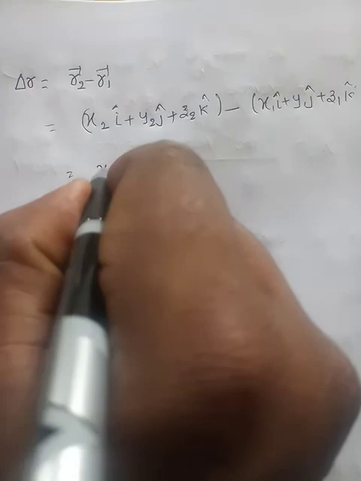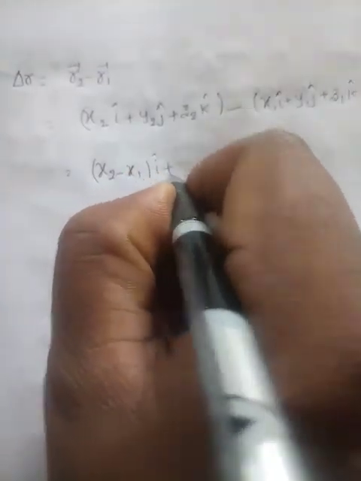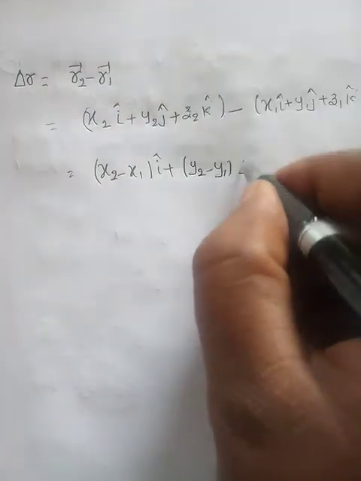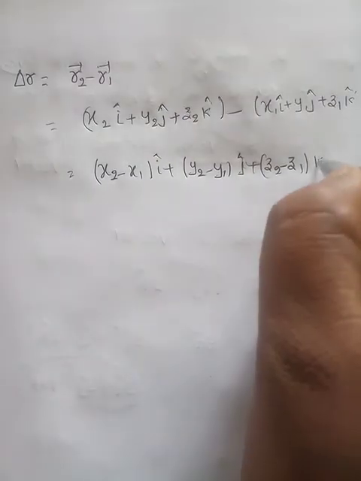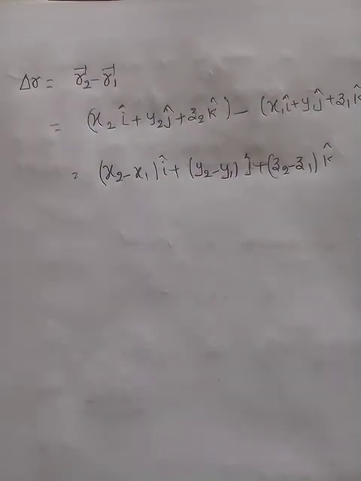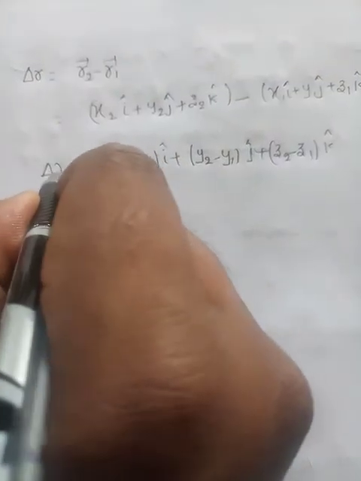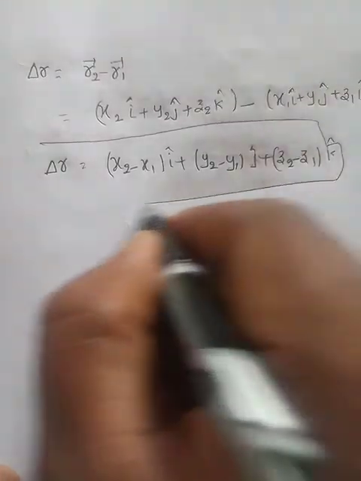Subtracting these two, you get x2 minus x1 into î plus y2 minus y1 into ĵ plus z2 minus z1 into k̂. So this is the displacement vector of the particle that is moving in 3 dimensions.